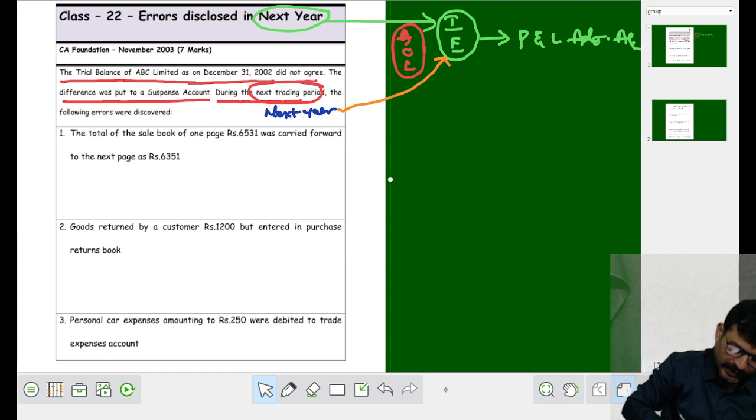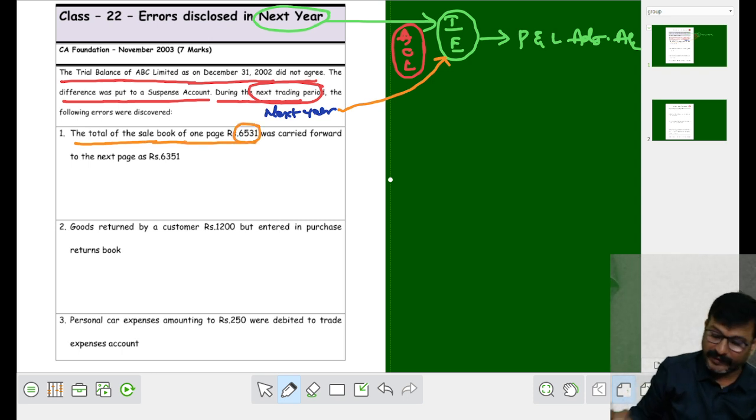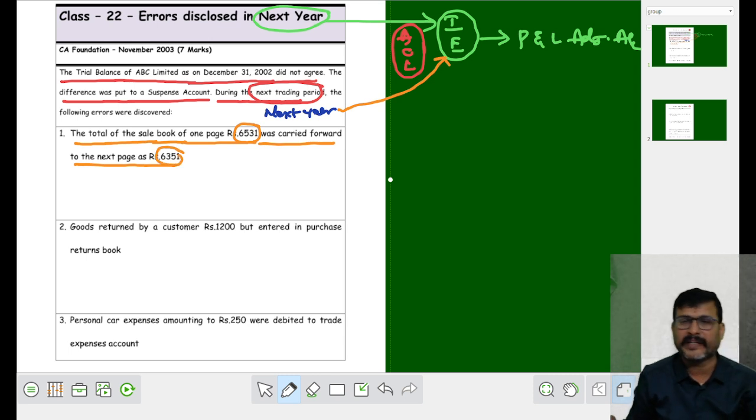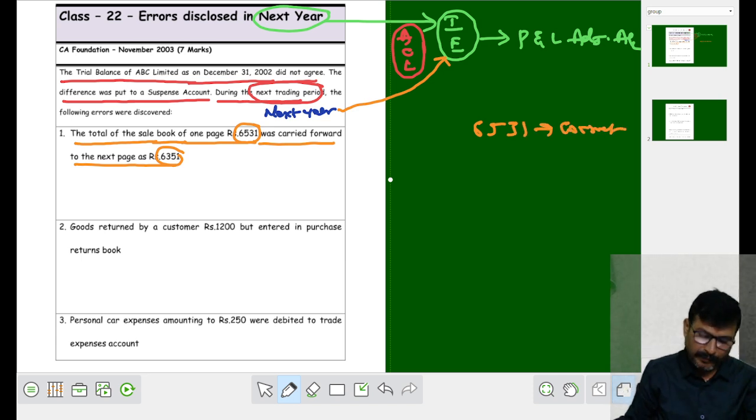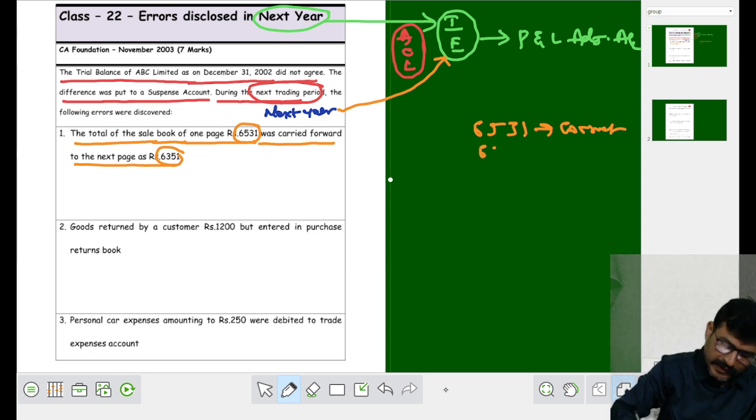The total of the sales book of one page, 6,531, was carried forward to the next page as 6,351. See, in actual value 6,531 is the correct value, but they have taken 6,351 rupees.